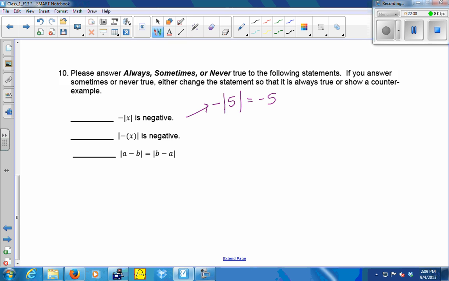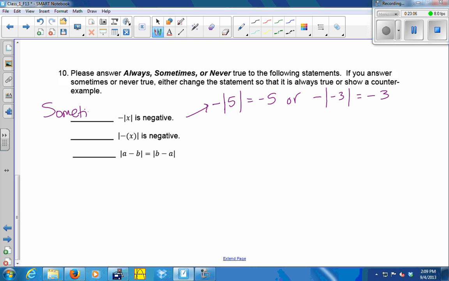Or we could put a negative 3 inside. The absolute value of negative 3 is still 3, but we still have the negative outside, so we end up with negative 3. So it's always going to come out negative, no matter what we put in there. Except what? When is it not negative? 0.